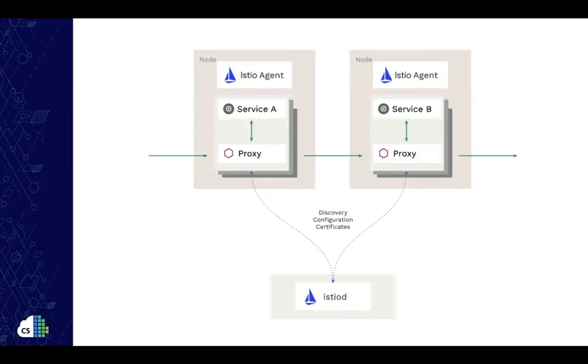There are some which work a bit differently, so they deploy a proxy container on the nodes instead of on the pods, but most common is basically one for each pod. And what that sidecar container does is it hijacks all the traffic coming from your microservice and to your microservice, so basically from your pod and to your pod, and it can manipulate this traffic.